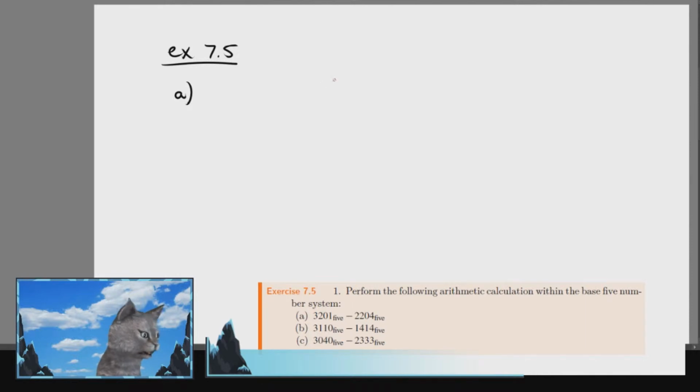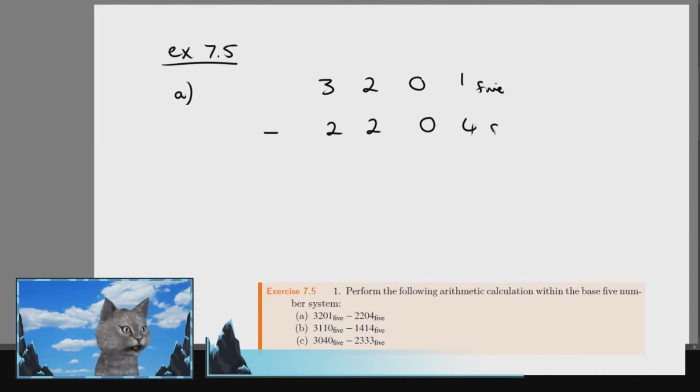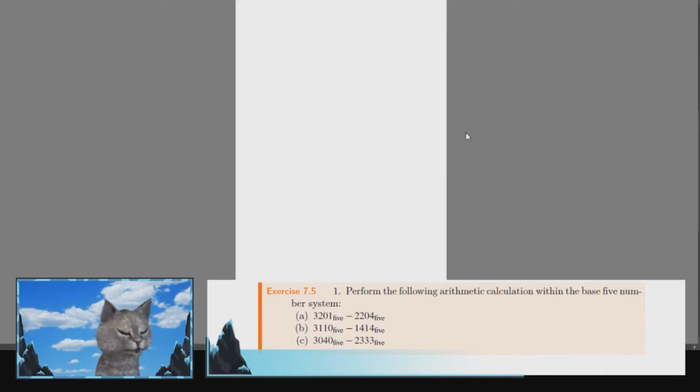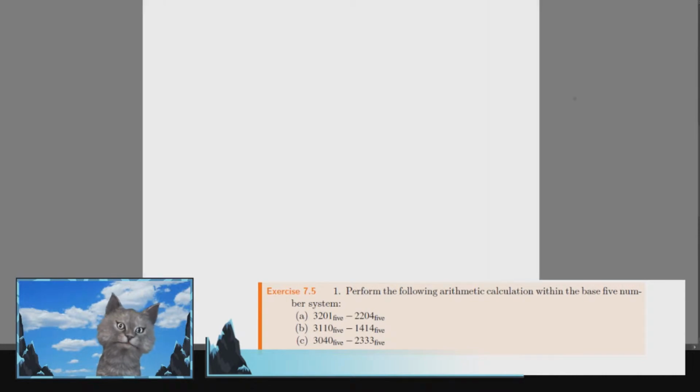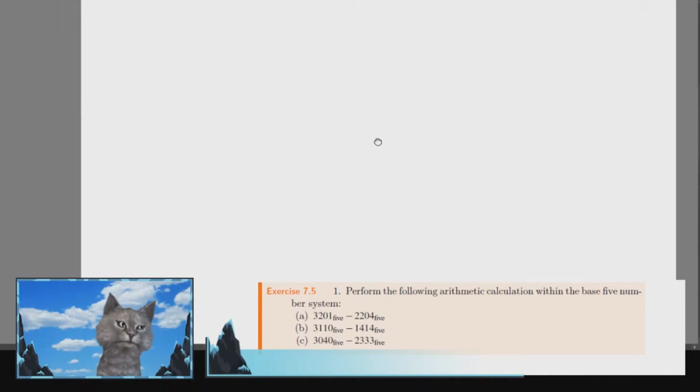Let's see. Subtraction. 3, 2, 0, 1, base 5, minus 2, 2, 0, 4, base 5. Now I'm just going to make a new page here for a second so that we can remember how we learned the subtraction method growing up in school.